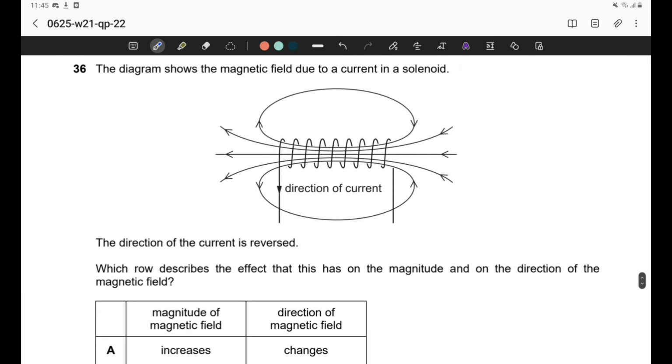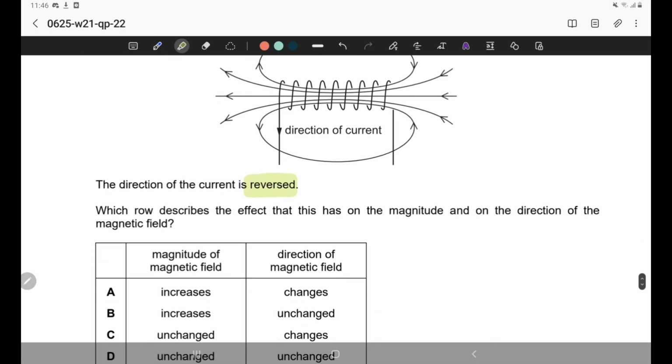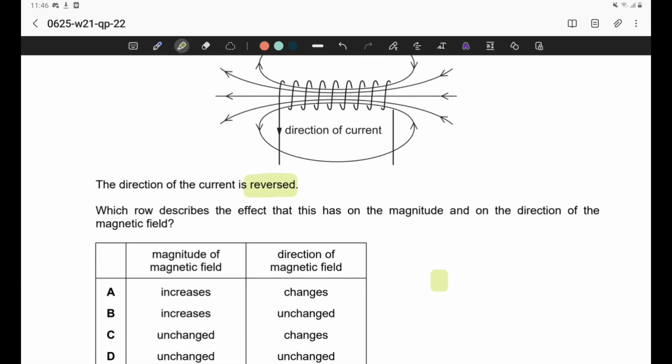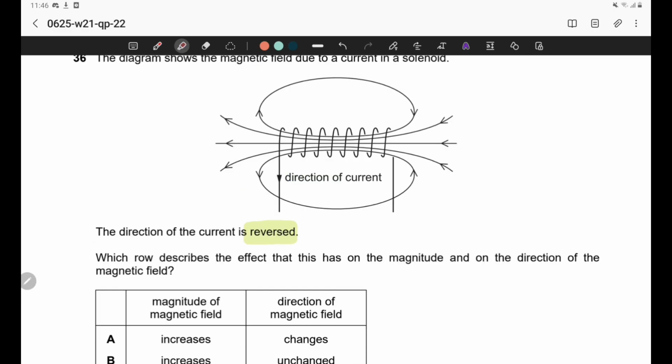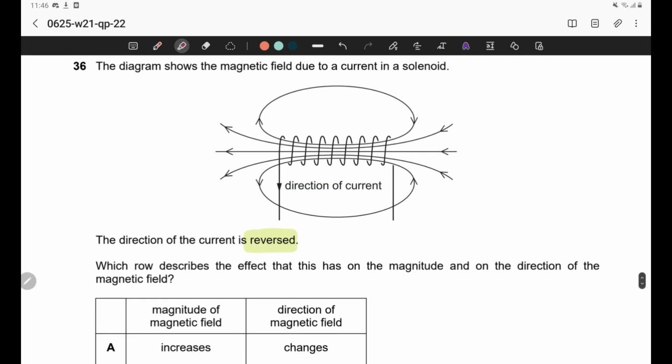Question 36. The diagram shows the magnetic field due to a current in a solenoid. The direction of the current is reversed. Which row describes the effect that this has on the magnitude and on the direction of the magnetic field? So we have a solenoid here, and there is a current flowing as shown in the direction.